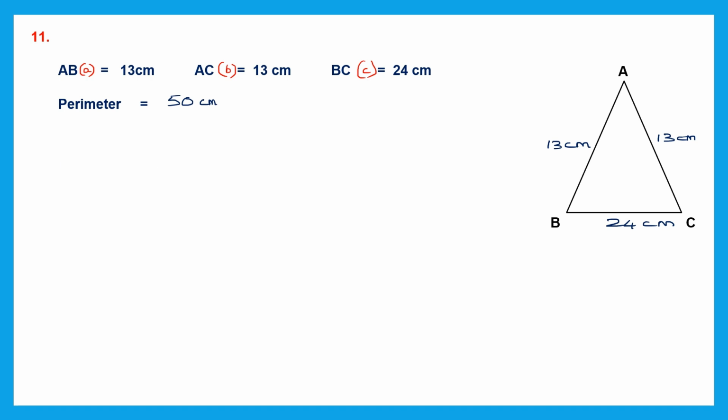Now, we have to find the semi-perimeter, S, which is A plus B plus C divided by 2. When you add it up, you divide it by 2, you get the semi-perimeter. Now we already know the perimeter, so semi-perimeter is half of that. That means 50 divided by 2, which is 25. So semi-perimeter is 25 centimeters.